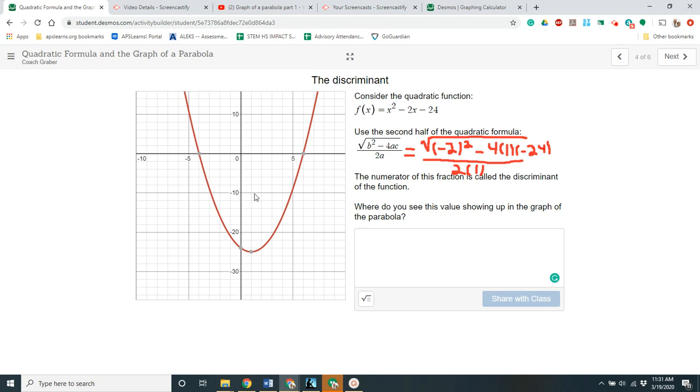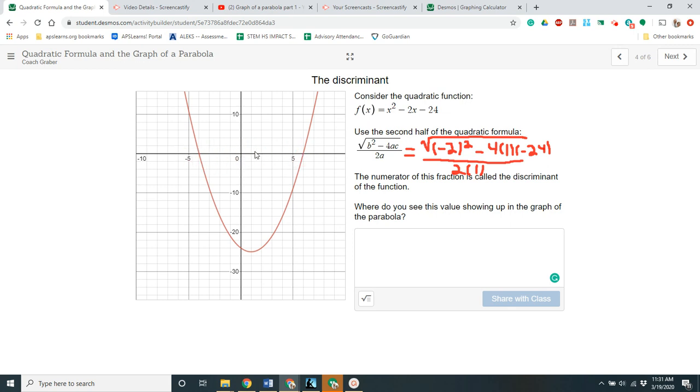Remember the x value of the vertex is at 1 here. The 5 is actually the distance from here to the root here. So we count from this point here, 1, 2, 3, 4, 5. And backwards, 1, 2, 3, 4, 5.